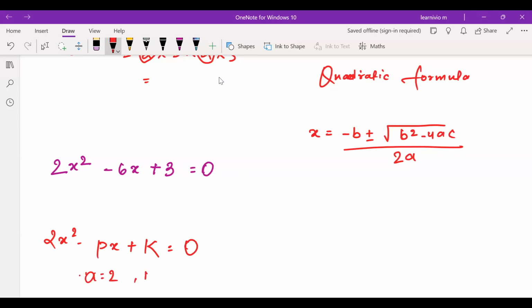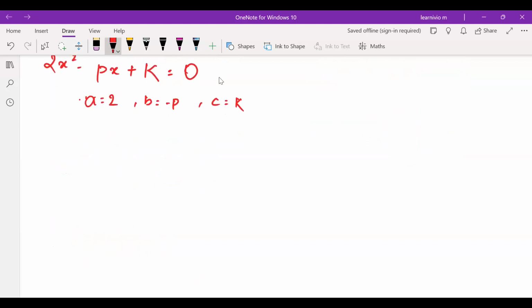Exactly, a is 2, b is minus p, perfect, and c is k. Suppose I write the quadratic equation 2x square minus, let's say, into 1 plus px plus 5 equals 0. Now please tell me what is a, what is b, and what is c.